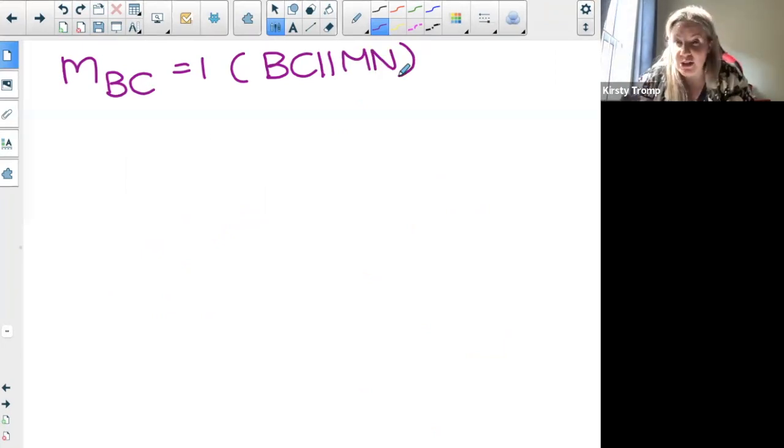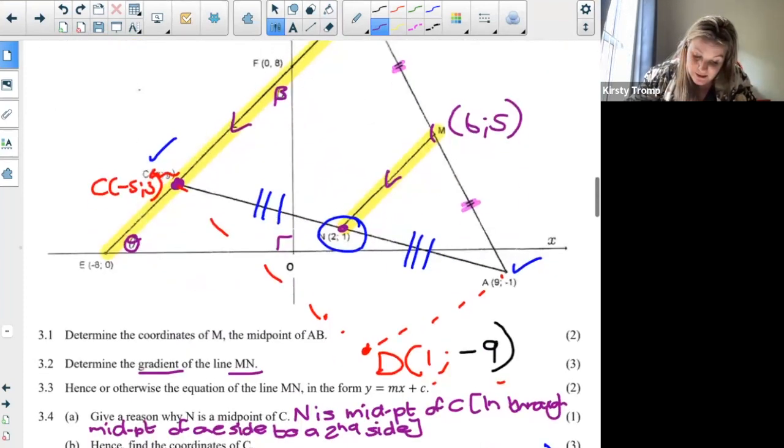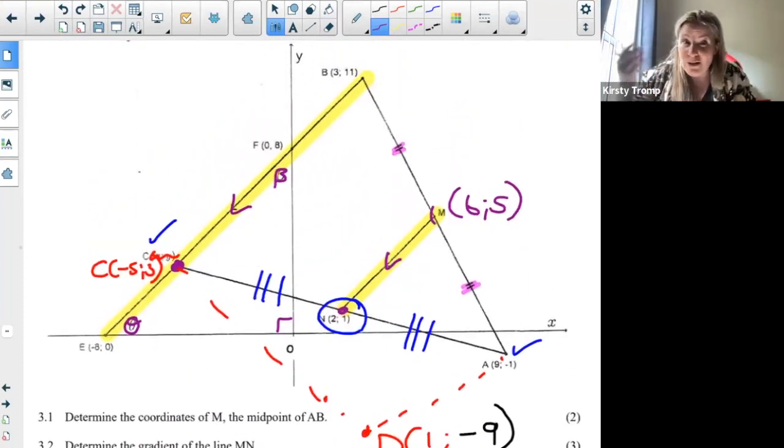Okay, earlier on we calculated that n was equal to 1. If the lines are parallel, it means that the gradients are equal. So the gradient of BC equals 1. This year we learned that tan theta equals gradient.